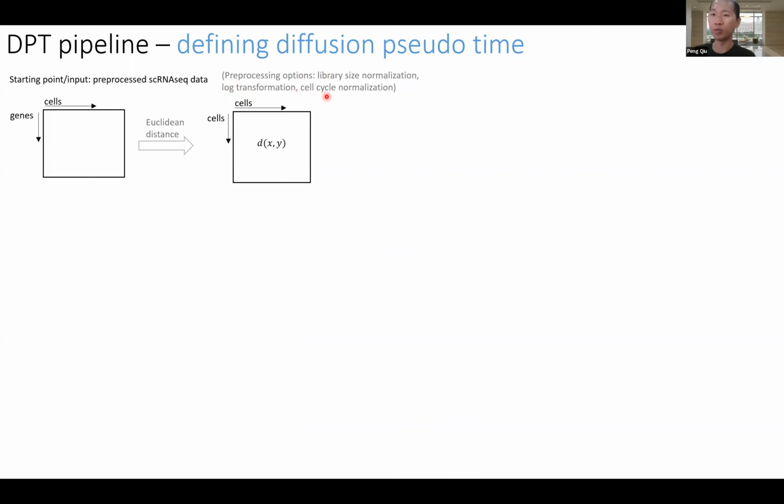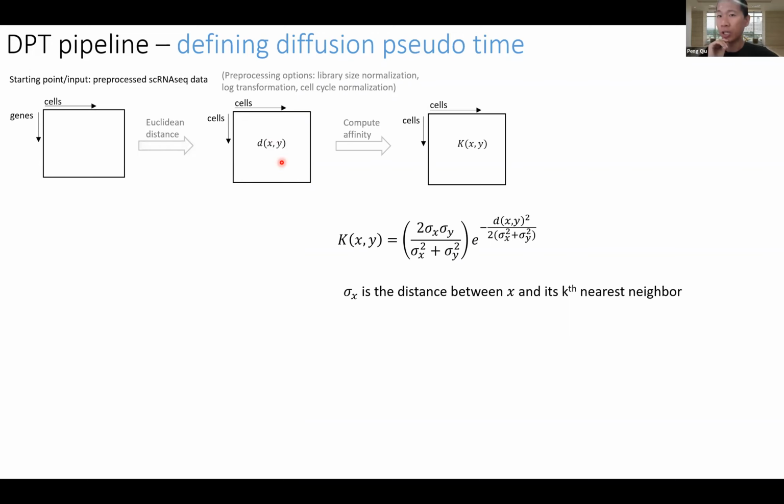Now, after they have this pairwise Euclidean distance, the authors know that, especially when we're interested in finding trajectories, it is still the short distances that matter more than long distances. So what they did was they defined something they call affinity, which is of the same dimensionality, still cell by cell, number of cells by number of cells.